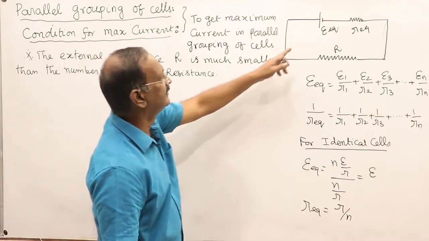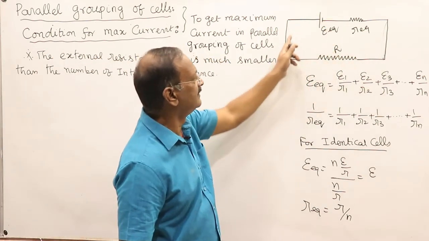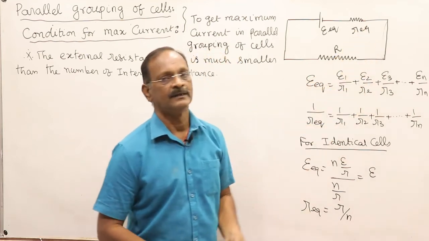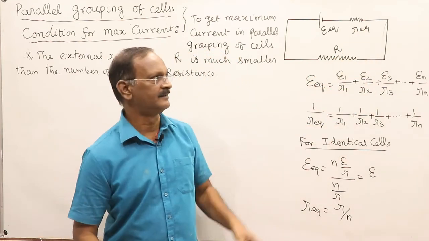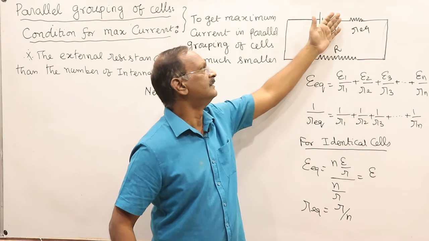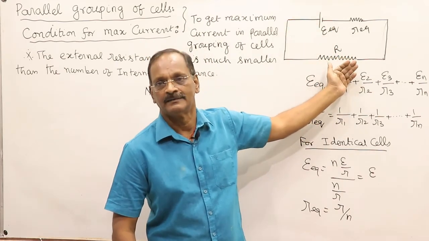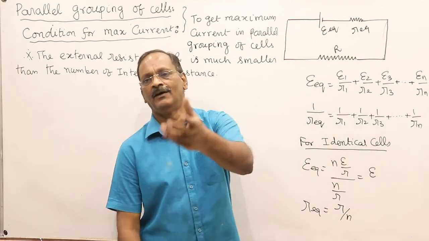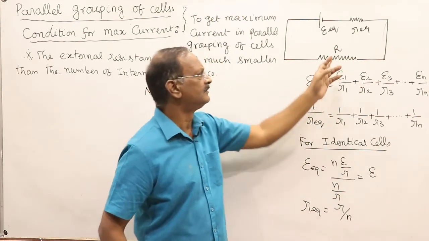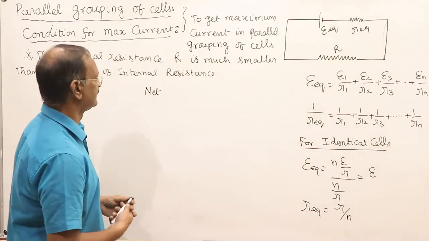Since this is the parallel grouping that we have connected across the external resistance. Why external resistance? After grouping, this will give some current. That current is to be utilized by the external resistance, that is a fan or a light, anything. So we are connecting an external resistance.